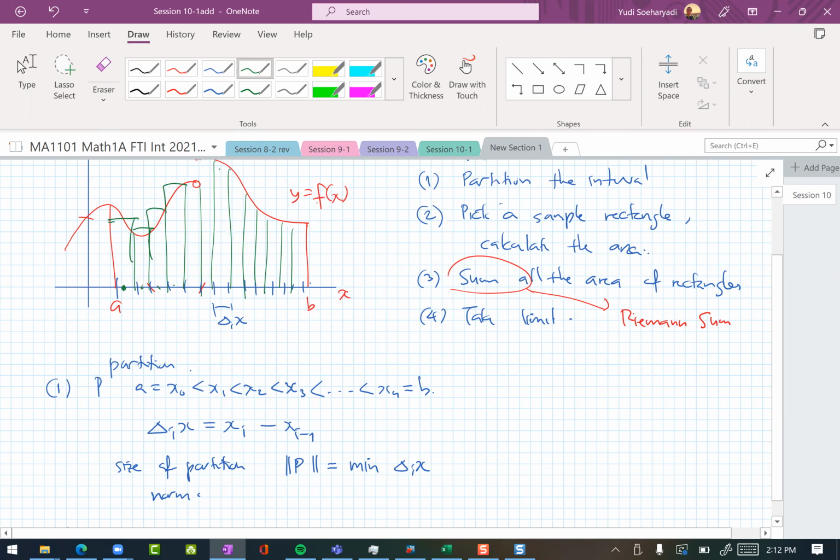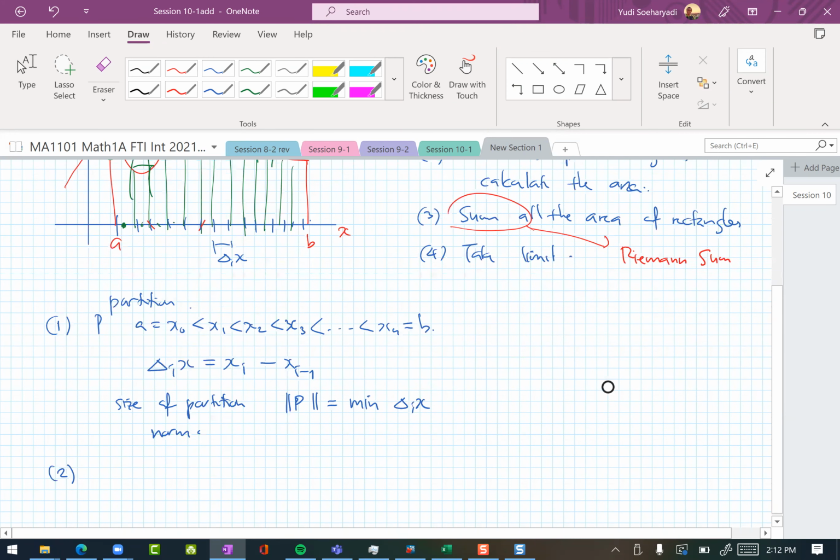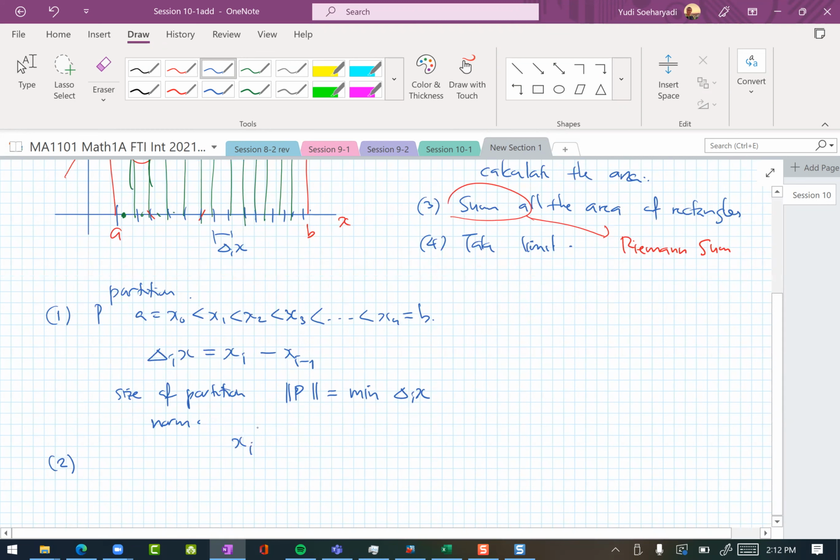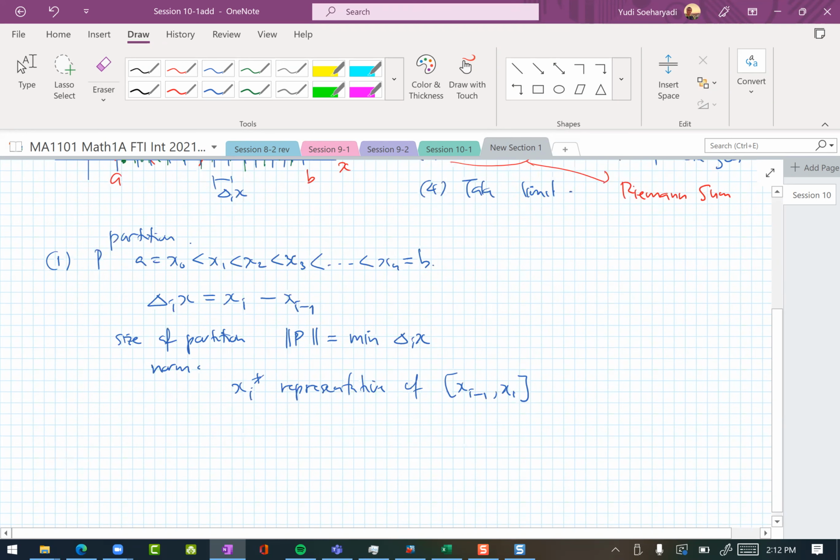So you have many rectangles here, and you have x_i star, the representative of the subpartition. The height will depend on the height of the function.